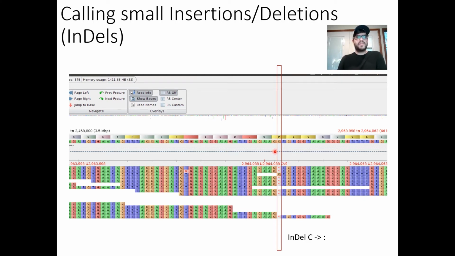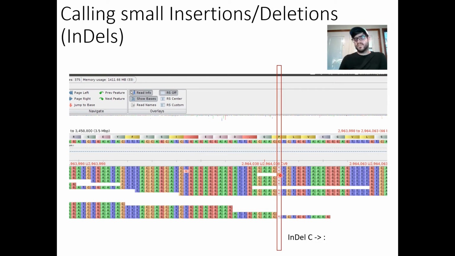And so in this case here, we have the reference at this position is a C, and then most of our reads here have a star, which denotes that there's no base pair there. So this would be a deletion, where the reference line has a C, and our individual has no sequence there. And what's kind of interesting here is that you'll see that there's a C here, and what this probably is is an error in the alignment where this C probably should be moved over to one base pair here.